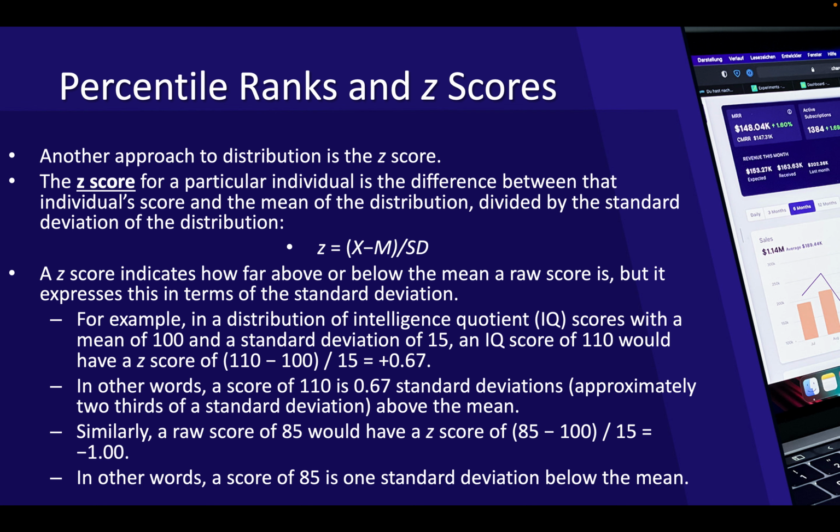In other words, a score of 110 is 0.67 standard deviations, approximately 2/3 of a standard deviation above the mean. Similarly, a raw score of 85 would have a z-score of 85 minus 100 over 15, which is negative 1.0. In other words, a score of 85 is one standard deviation below the mean.